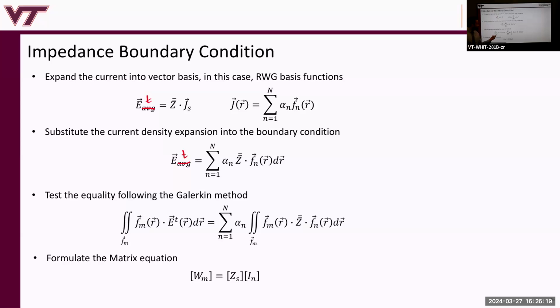We take the dot product of both sides with Fm, and then integrate over the domain of Fm on both sides, right? And we can pull out the summation and the constants from the integration, and then we're left with this equality. So Fm dotted with E total is equal to the sum from n equals 1 to N of alpha n times this computation here, which is the integration over Fm dotted with Z dotted with Fn.